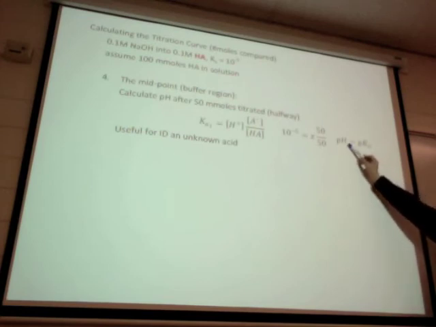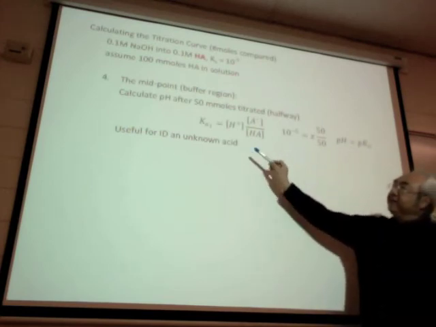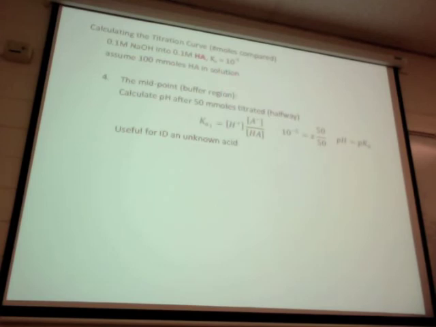So this particular point is useful to identify an unknown acid. You simply titrate your unknown and construct a titration curve. Then you go to the middle, okay, the middle, then you read off the pH.